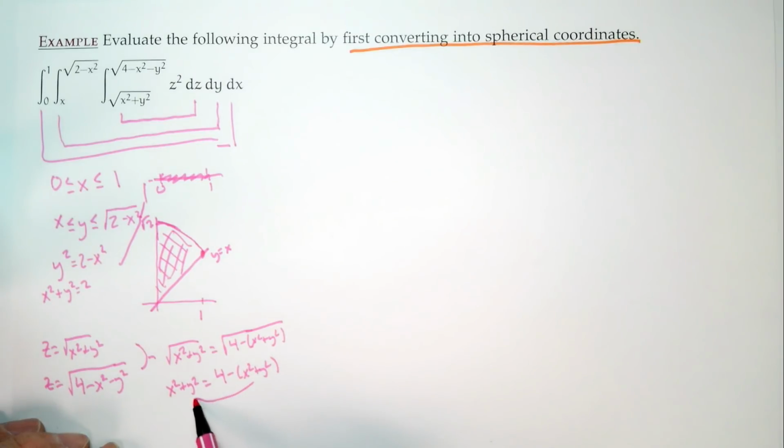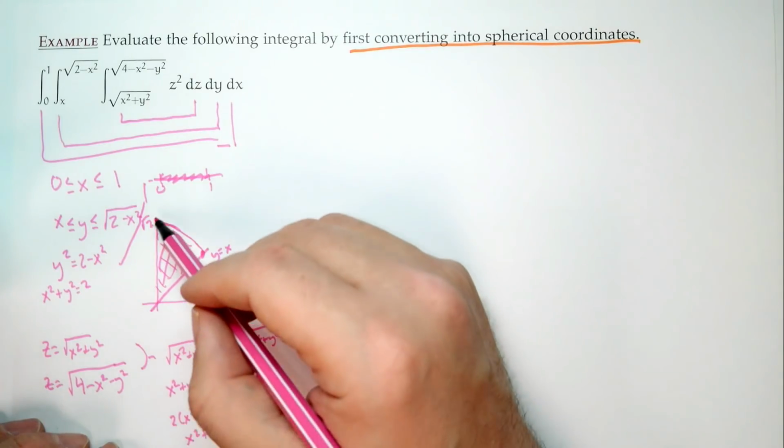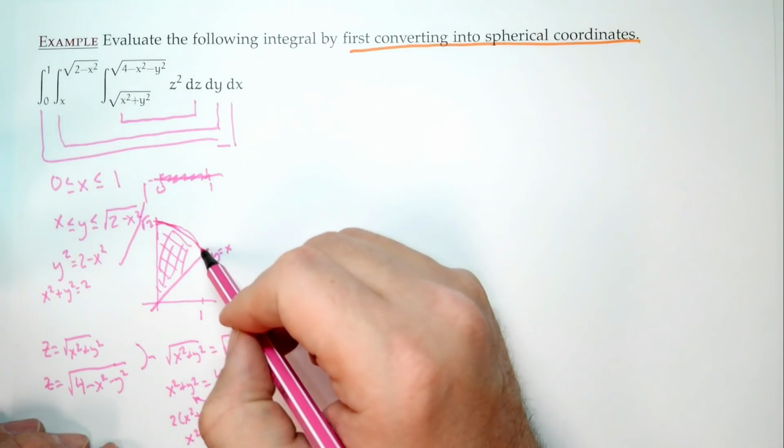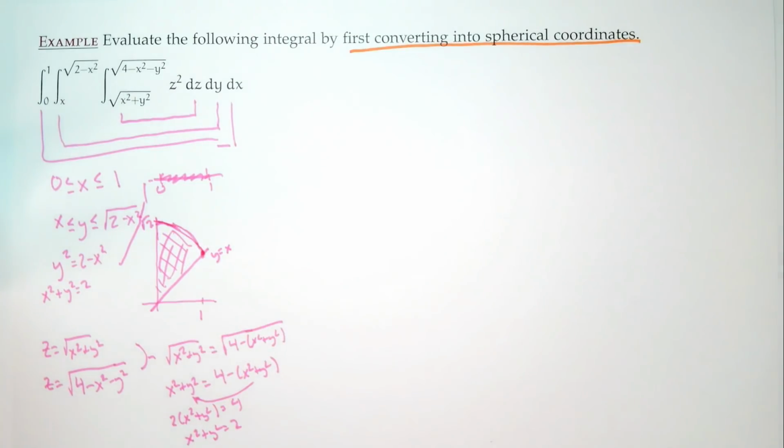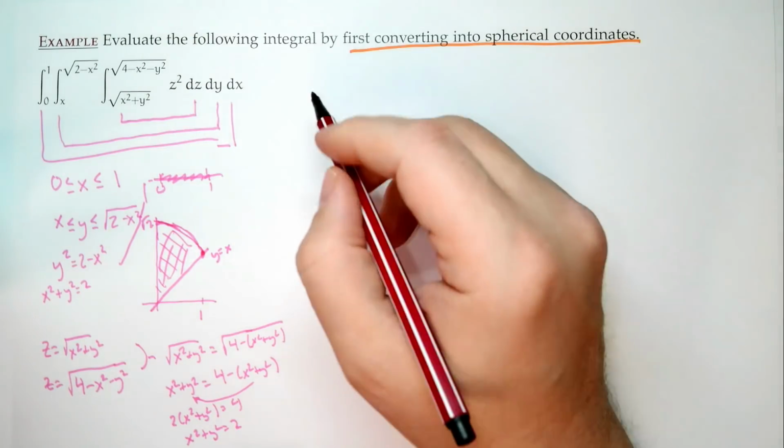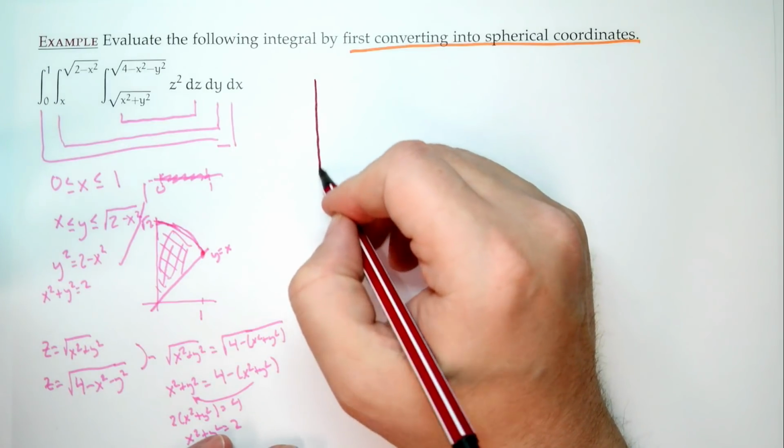If you bring that over, you get 2 times x squared plus y squared equals 4, or x squared plus y squared equals 2, which means that they intersect right on this edge. Well, that's pretty good. Very convenient. Some people might say even suspiciously convenient. All right, but okay, let's understand our picture, though. Let's not just sort of guess. Let's get it right.